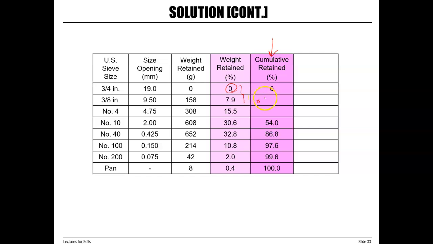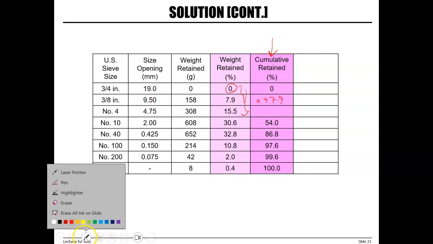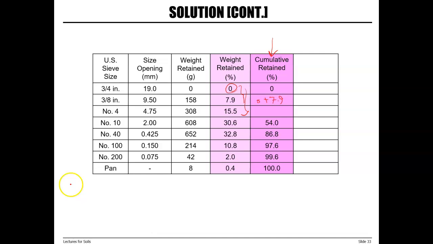Above number 4, we have these 3 sieves, so we have 0 plus 7.9 plus 15.5.